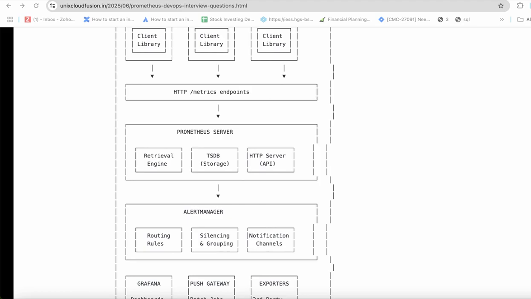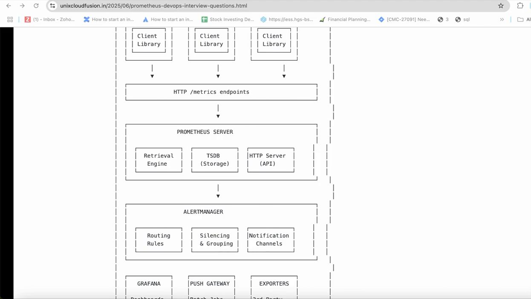You pass the path from where it is going to scrape the metrics, like slash metrics or something else. You should also provide a timeout, so that if the system is down, Prometheus is not waiting endlessly. It should mark it as a timeout and move ahead. This is also very important.